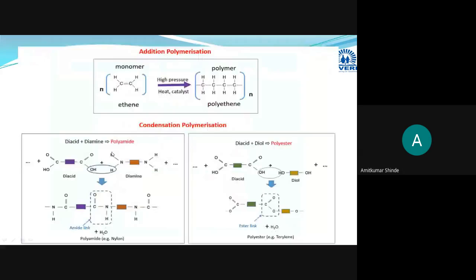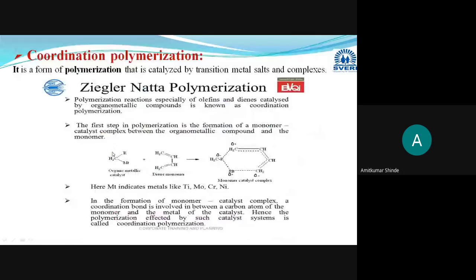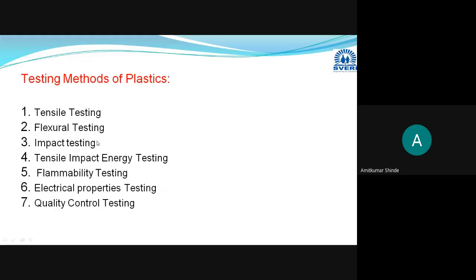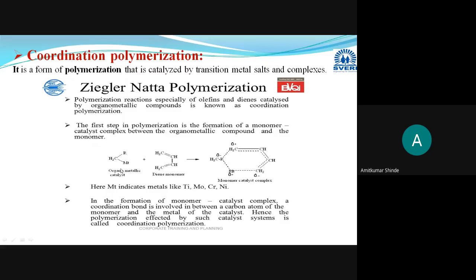Okay, for coordination polymerization, I have added this slide here. In short, this is the example of that. If you are able to see this slide, this is the example of coordination polymerization. If you are not able to remember it, no problem, you just have to write this one sentence.